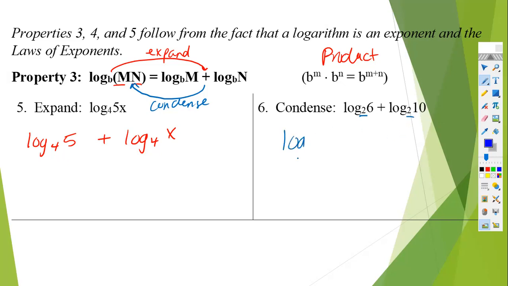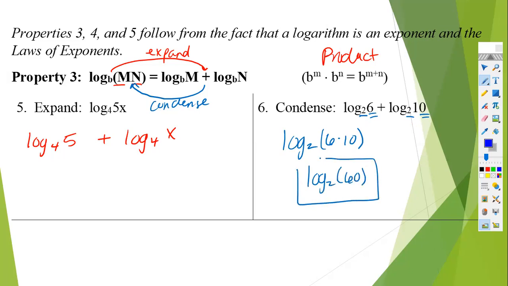So we're gonna have log base 2, and I'm gonna multiply my arguments. So 6 times 10. We can't solve because there's no equal. You only solve when there is an equal. You're evaluating or simplifying otherwise. So my single log is log base 2 of 60.